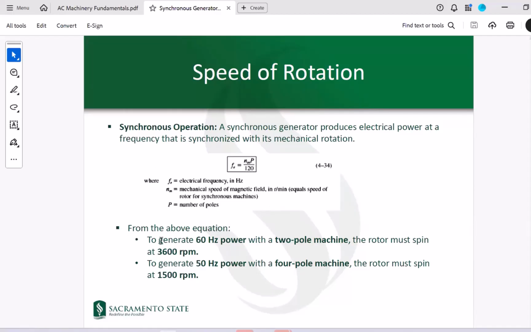So through this equation, you can get a sense of what the rotational speed of your generator should be. If you want 60 hertz power in a two-pole machine, then you should rotate at 3600 RPM. If you want 50 hertz power in a four-pole machine, then you should have 1500 RPM. So you get an idea of how to use this equation in different systems in Europe and in the US.